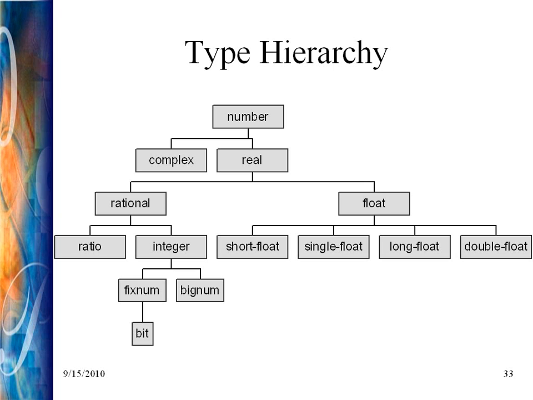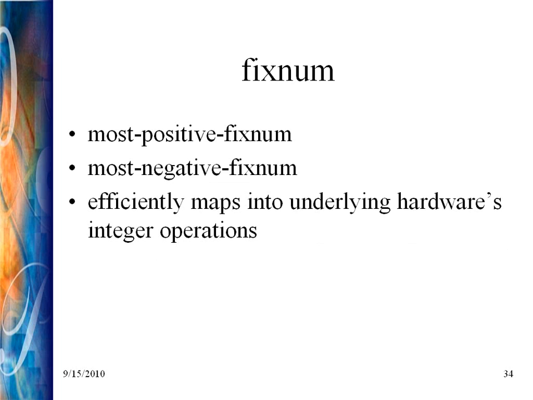So the value is represented by 24 bits, the exponent by 8 bits, and the sign by 1 bit. Now, 24 bits binary is equivalent to 8 bits decimal. So a single float on a 32-bit machine is accurate to 7 or 8 decimal places. And it's always important to remember floating point arithmetic is inherently inaccurate. And you just have to manage the inaccuracies so that they don't get out of hand.